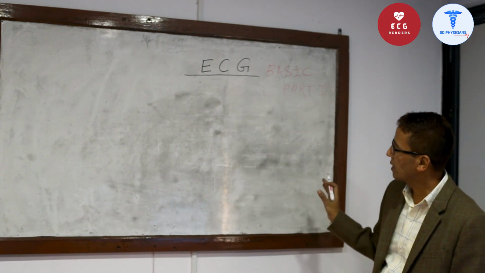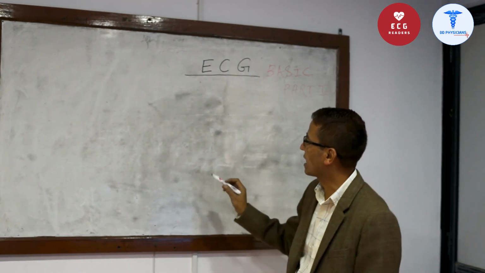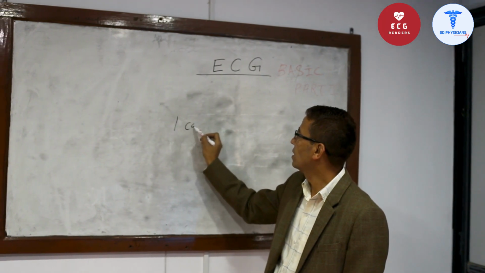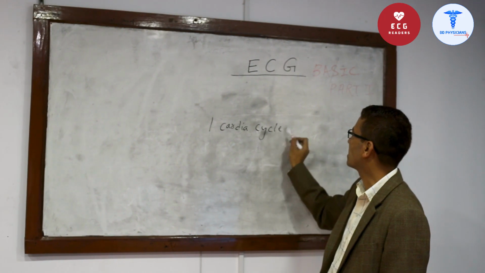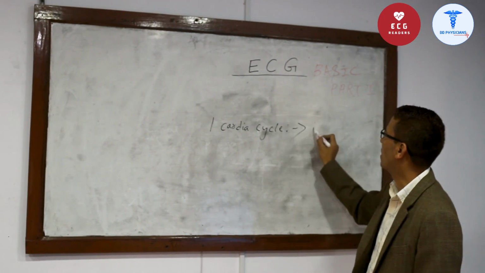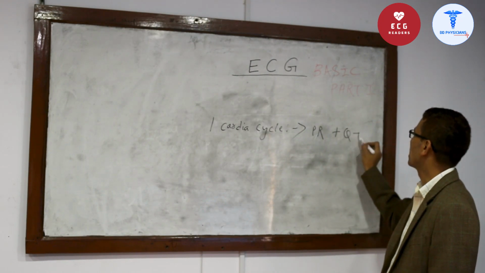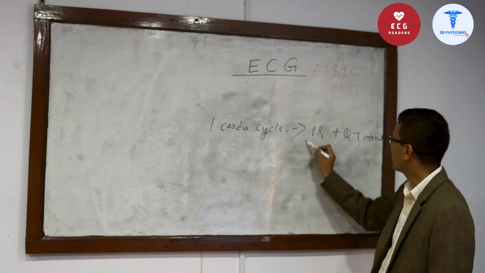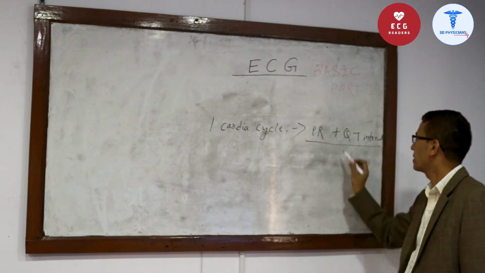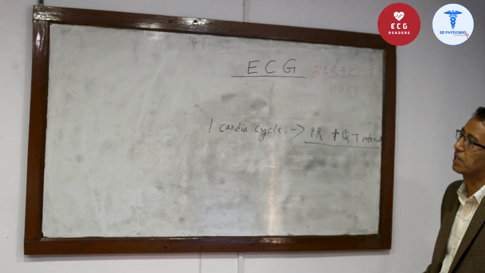Now, what is the time duration of the cardiac cycle? One cardiac cycle is the summation of the time of the PR interval and QT interval.